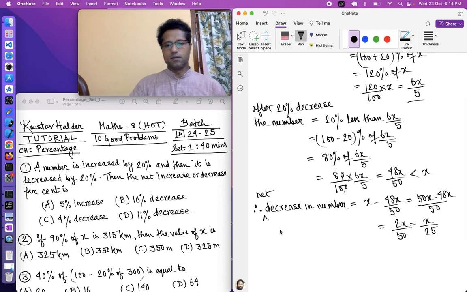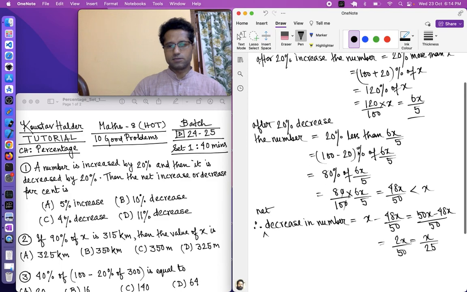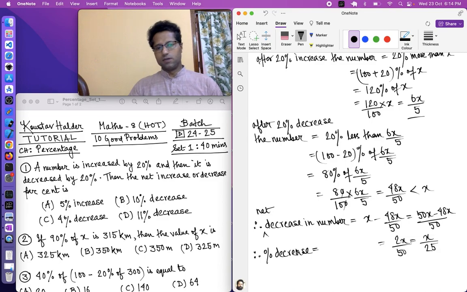in number. Now this decrease is based on x, the original number x. So percentage decrease will be, there was a net decrease of x by 25 based on x. So we have to find what percentage is x by 25 of x.